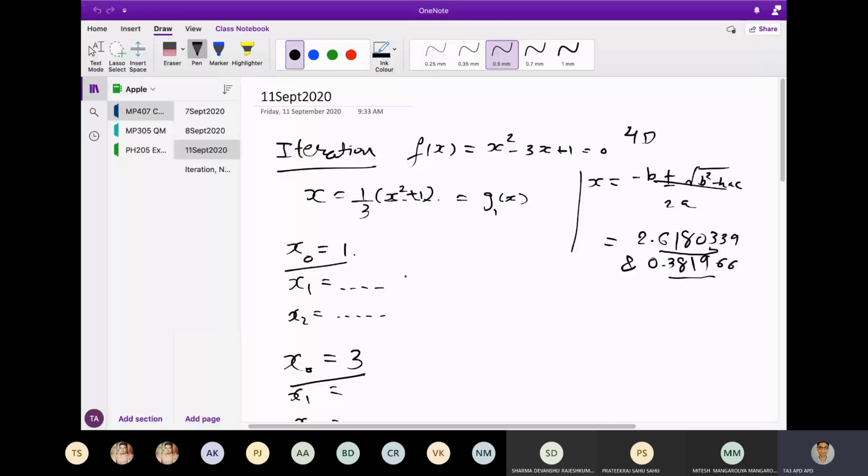For this particular part, you might have received some answers which are somewhat close to 0.39 or something.